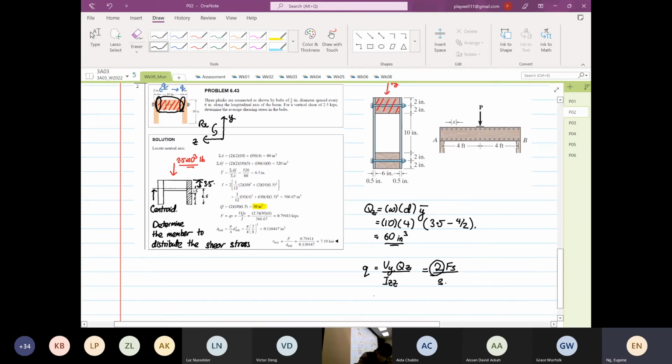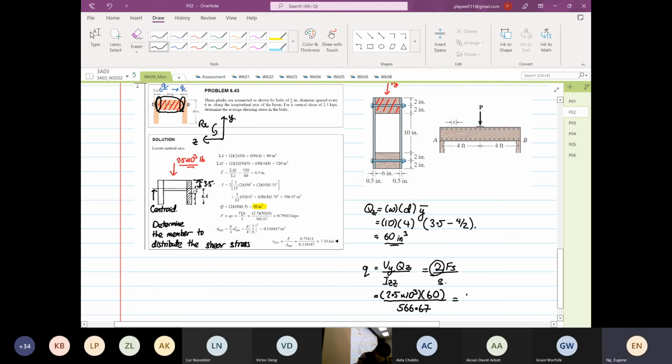So from here, you have Vy is equal to, what is Vy? 2.5 times 10 to the power 3 multiplied by 60 divided by Izz. I'm going to use the Izz given by the book, 566.67.